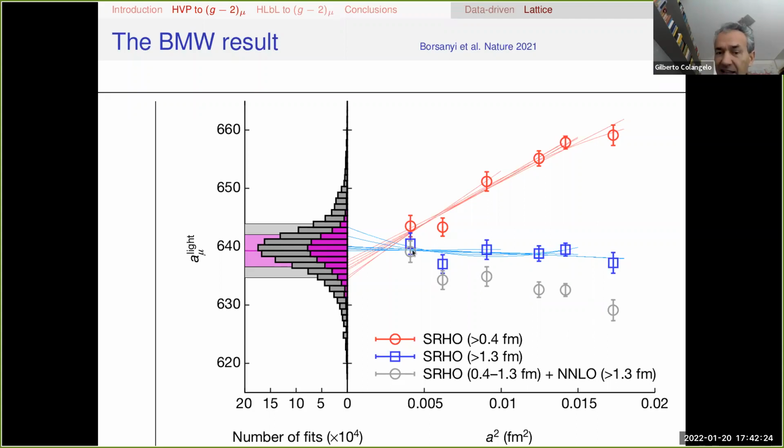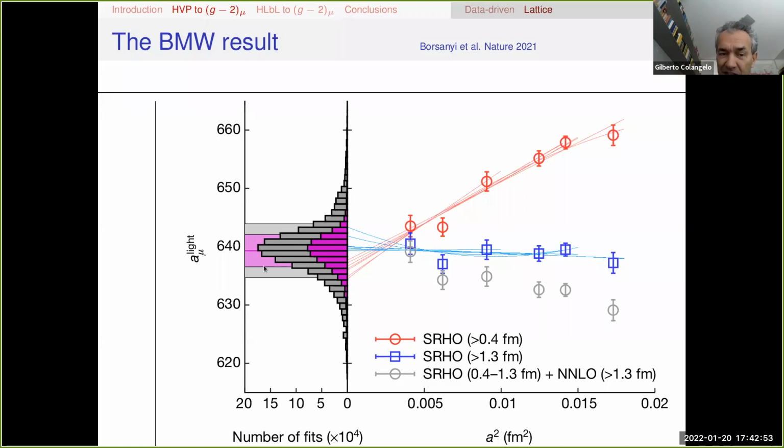And here you see that in this work, they have corrected the lattice spacing dependence in different ways and done the extrapolation in different ways after applying these corrections. And so they got a certain distribution of possible extrapolations to the continuum limit. The distribution of these is shown by this histogram.